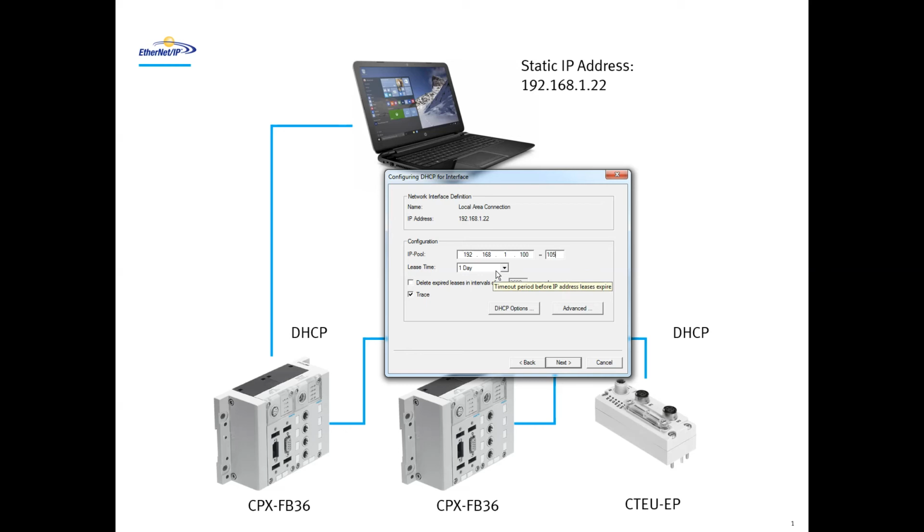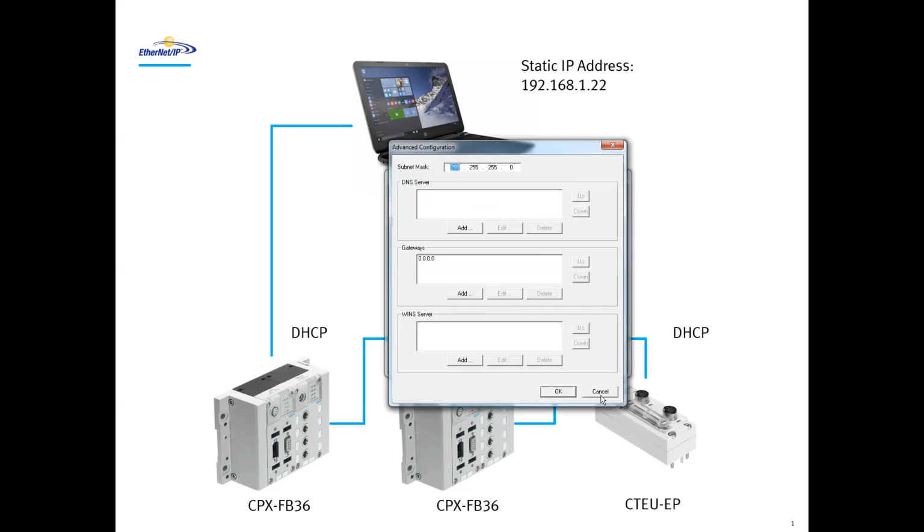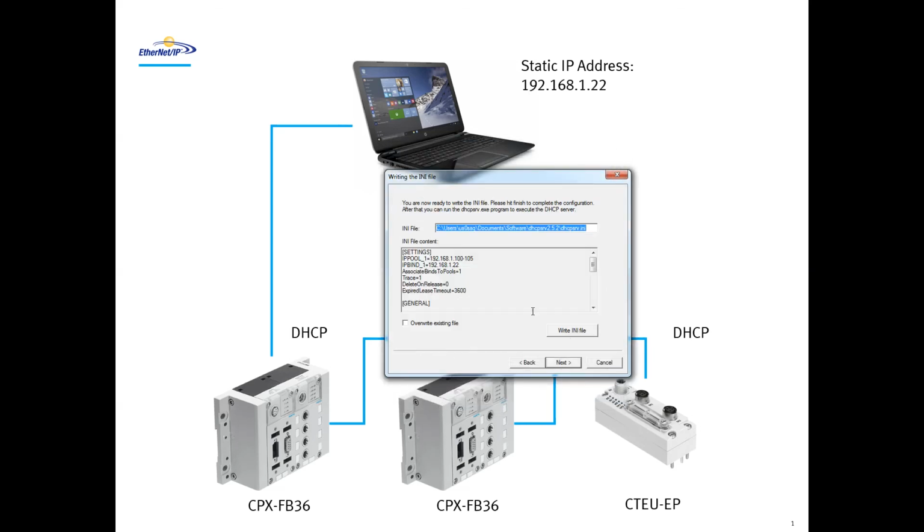This is just temporary. DHCP, we're not going to do anything there. So we click next, and then here I just hit overwrite existing file, and a file will be generated in the folder that I have this exe file.